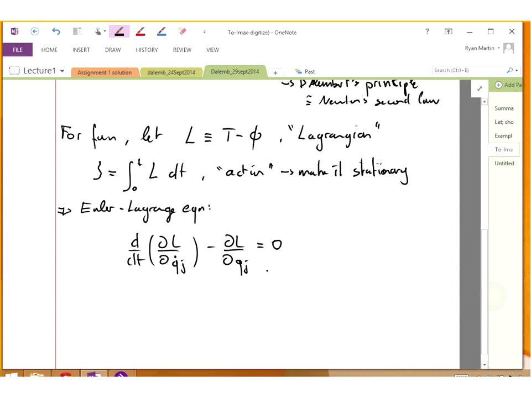In this case, we're not imposing any constraints. So if L is T minus φ, then we have d/dt of ∂/∂q̇j of T minus φ, minus ∂L/∂qj, or sorry, let's plug in the T minus φ there as well.